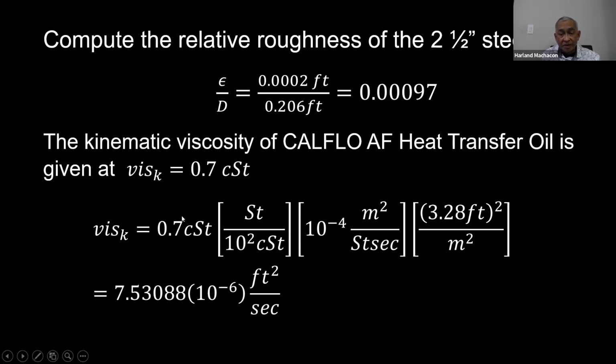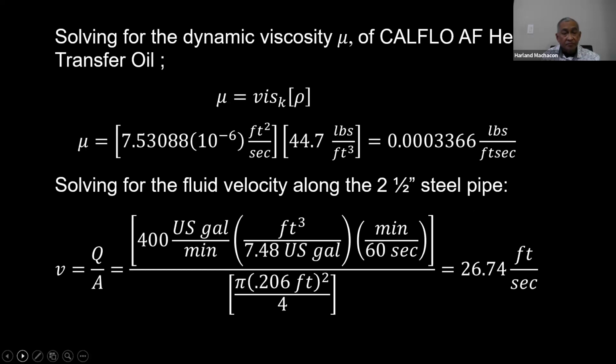Convert the centistokes to stokes, then to square meters per second, and then to square feet per second. So you will have 7.53088 times 10 to the negative 6 square feet per second.